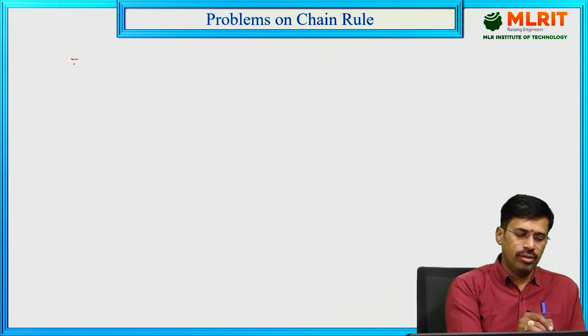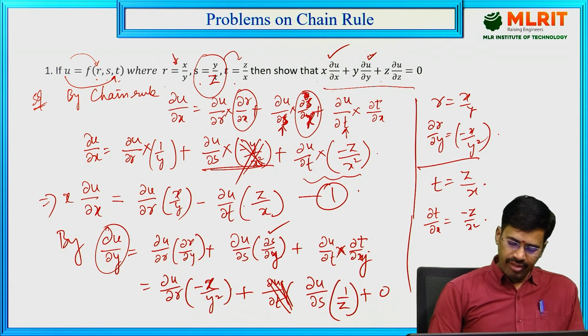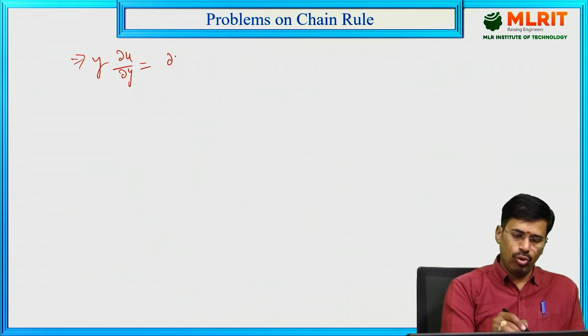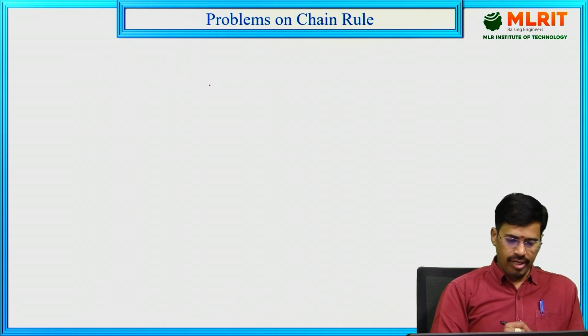Now I have to multiply this with y. So y into ∂u/∂y can be written as, if I multiply with y, one y will get cancelled in the denominator, ∂u/∂r into -x/y, right?